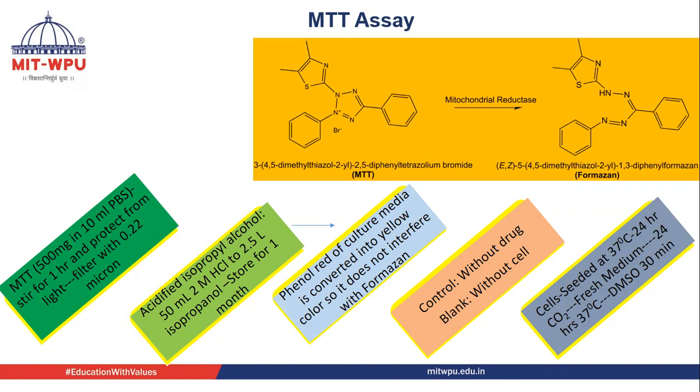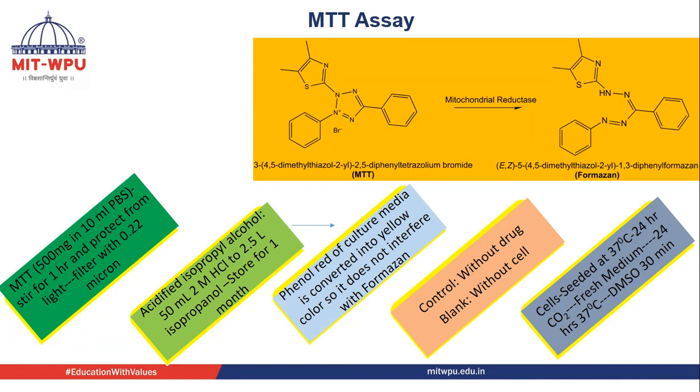We have to protect it from light, and after stirring for an hour, we filter it through a 0.22 micron filter, and we can store it and use it. Then acidified isopropyl alcohol is prepared by taking 50 ml of 2 molar HCl in 2.5 liter isopropanol, and we can store it for 1 month.